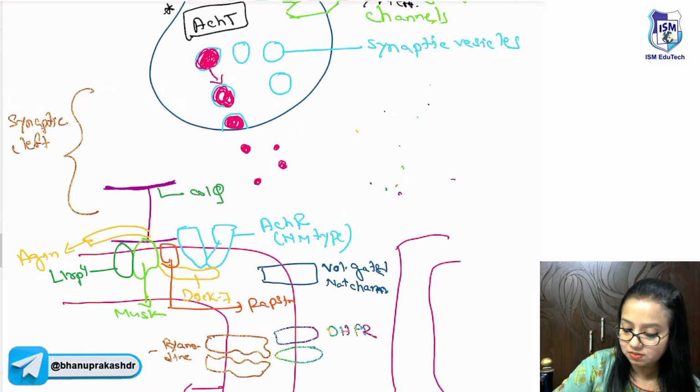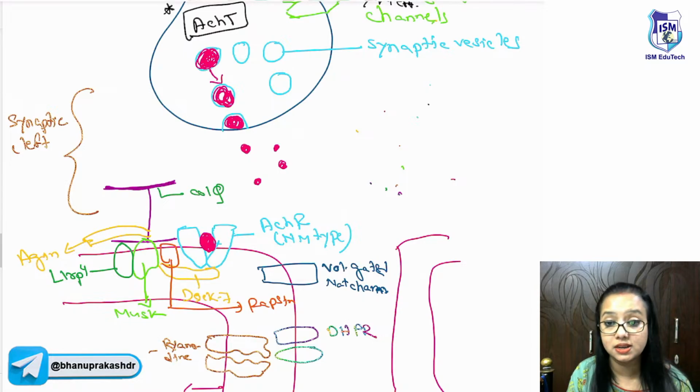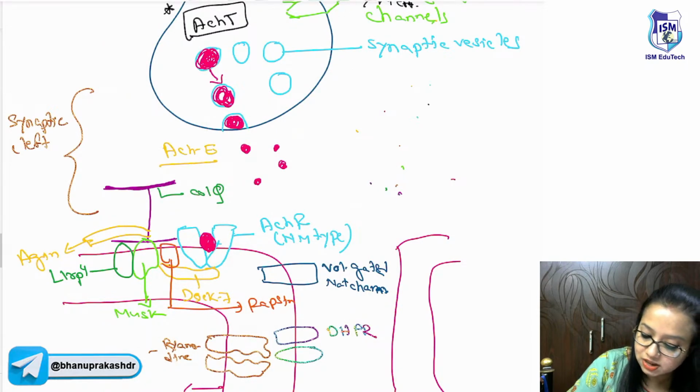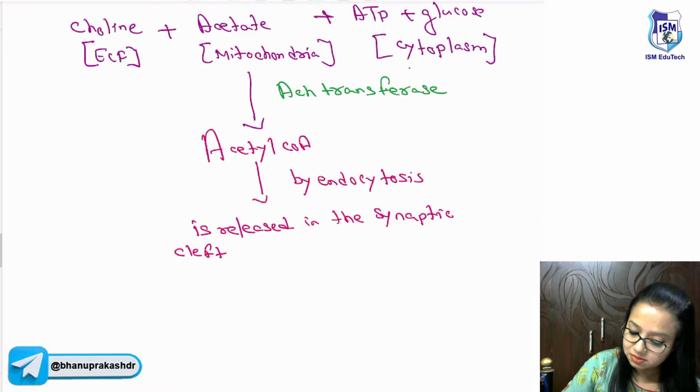From the synaptic cleft, it will come and bind onto the acetylcholine receptor in the postsynaptic membrane. Here there is presence of acetylcholinesterase in the synaptic membrane.